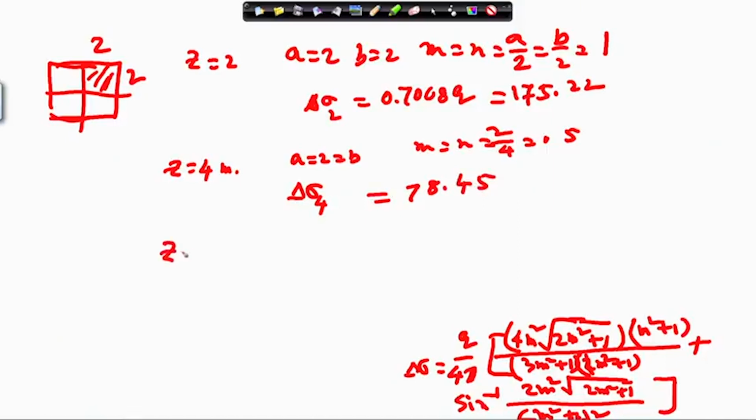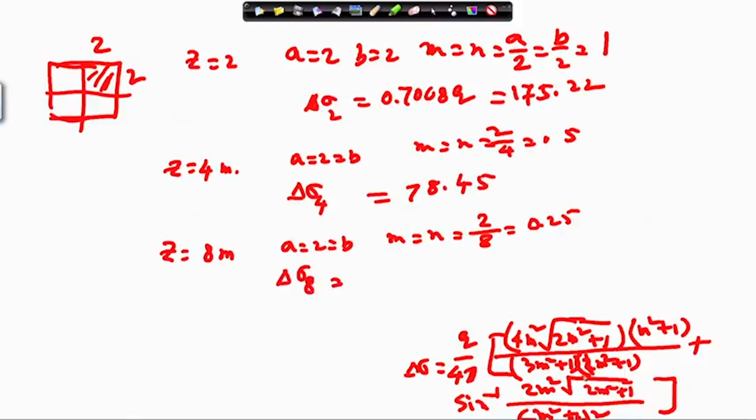Now, z equal to 8 meter, then your a equal to 2 equal to b. So, m equal to n equal to a by z, so 2 by 8. So, it will be 0.25. Then I will get from this delta sigma 8.